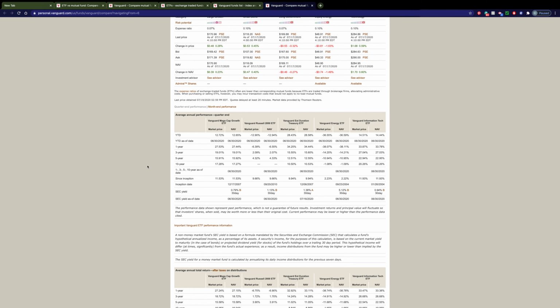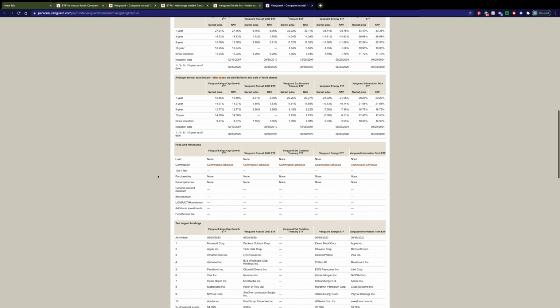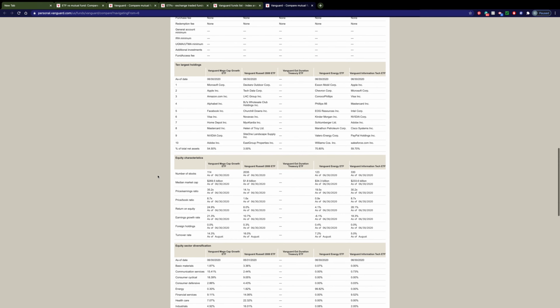Another thing it will show you is how the funds have done over the last 1, 3, 5, and 10 years. You can also come down here and see what the largest holdings are in each of these ETFs. So if you want to invest in information technology, you can see Apple, Microsoft, Visa, Intel, etc. These are the top 10 assets. It also shows the percent of the fund these top 10 make up.